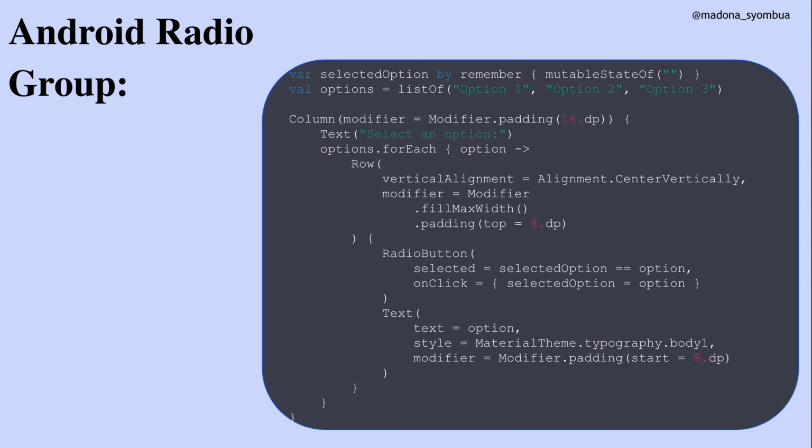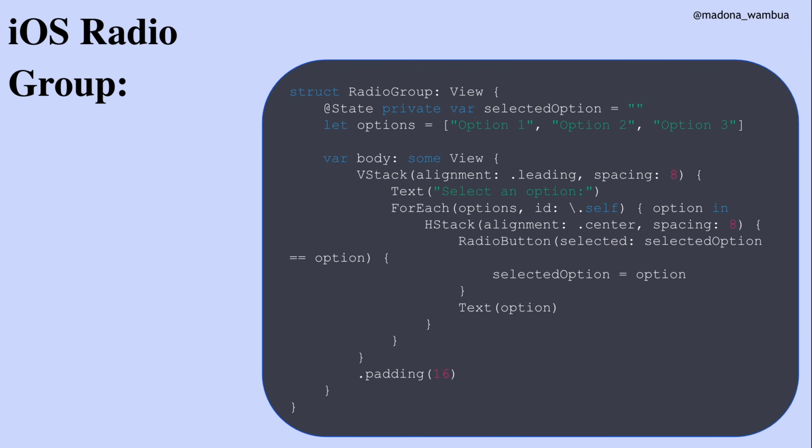Now, if you want to do a group, this is how you can do a group in Android, and then in SwiftUI, that's how you can do it. So in SwiftUI, it's a little bit interesting because they introduce this struct. And if you've written C or C++, you might have seen the word struct.